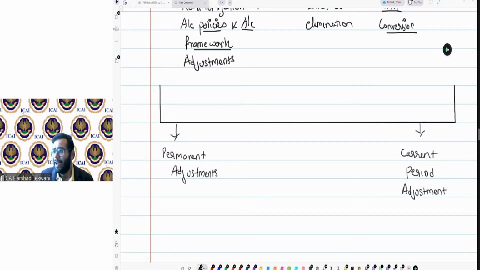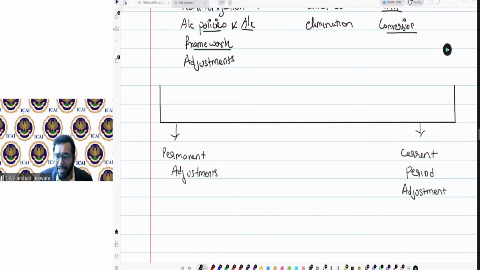So basically, when I talk about permanent adjustment, I talk about adjustment of pre-acquisition reserves. Pre-acquisition adjustment, allocation of pre-acquisition reserve with respect to parent and minority interest or non-controlling interest. Then adjustment of goodwill or capital reserve, if you want to net off those both.